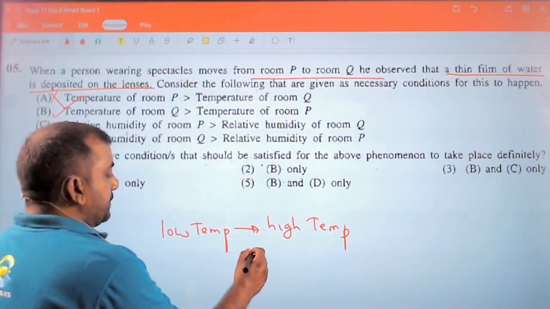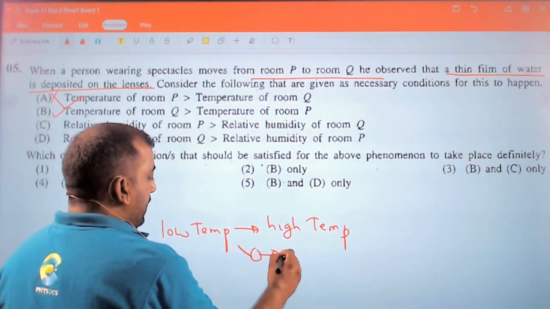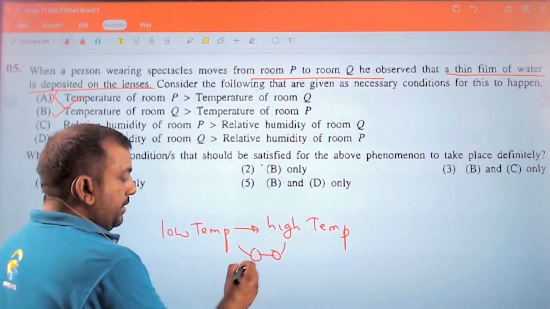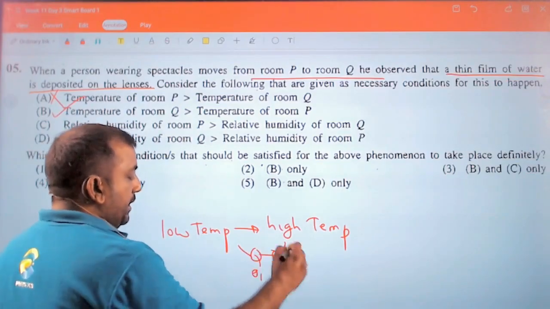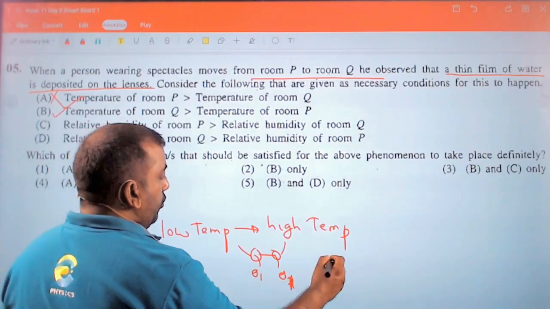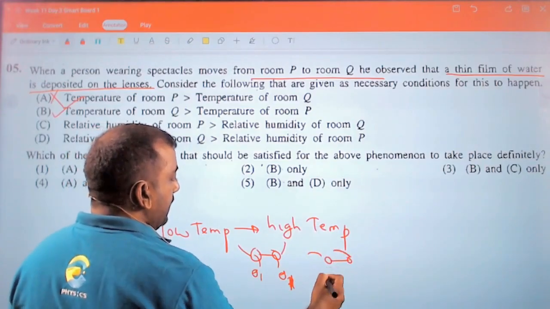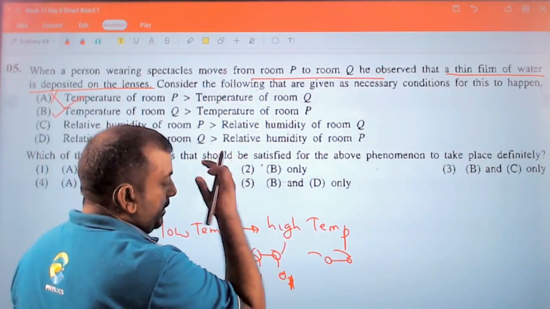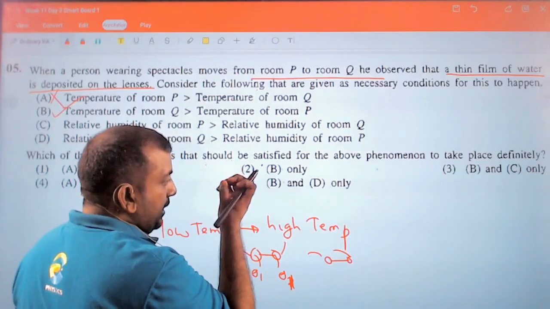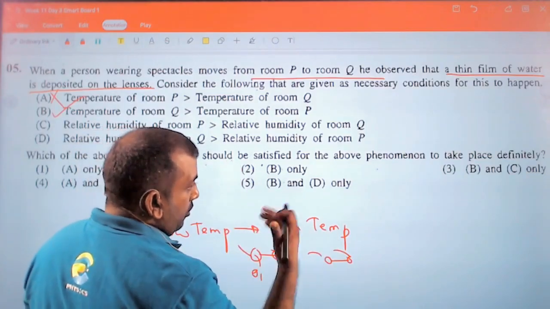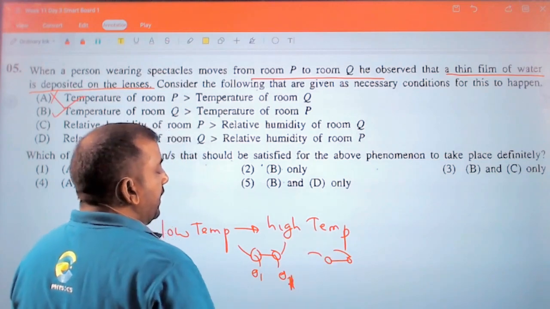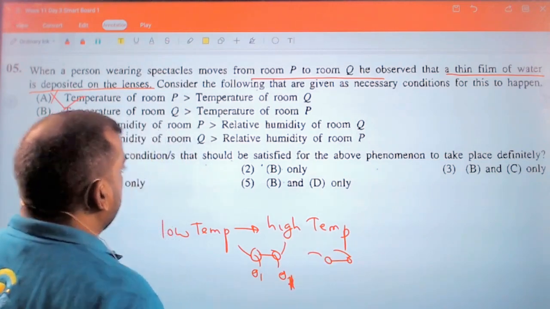When you are wearing spectacles and staying in a low temperature room for some time, the glass temperature is also low. When you go to a higher temperature room, the air around the glasses will also reduce in temperature, and if it reduces below the dew point, condensation takes place on the glass.